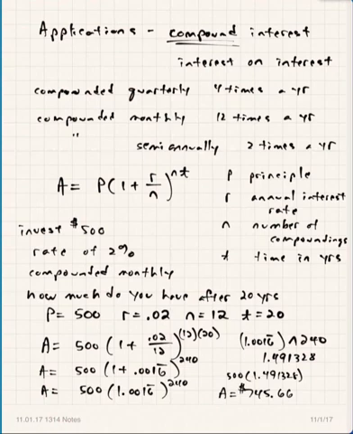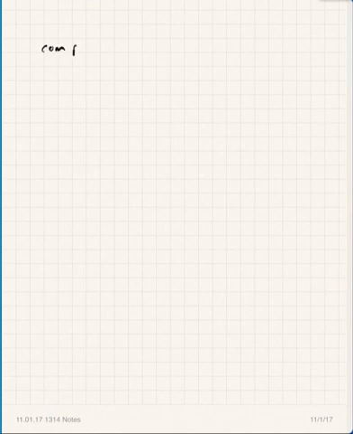All right, now another way that interest can be compounded, and this is the last thing we want to mention here, is it can be compounded continuously. Compounded continuously means it's compounded an infinite number of times per year. Infinite compoundings per year.